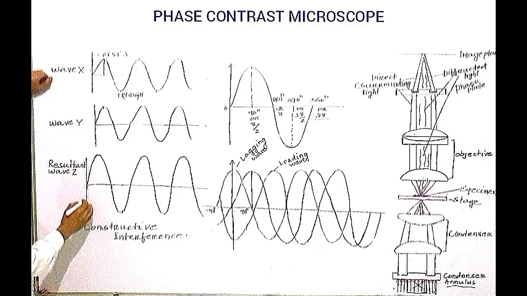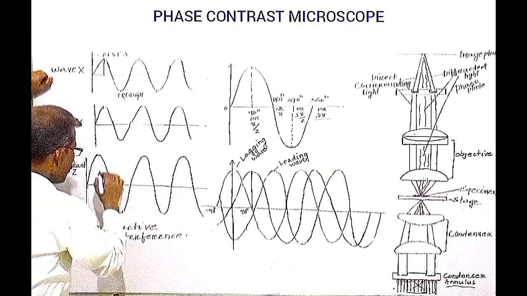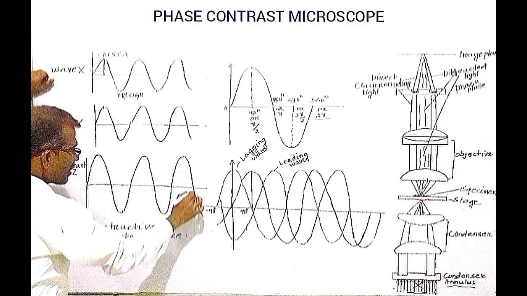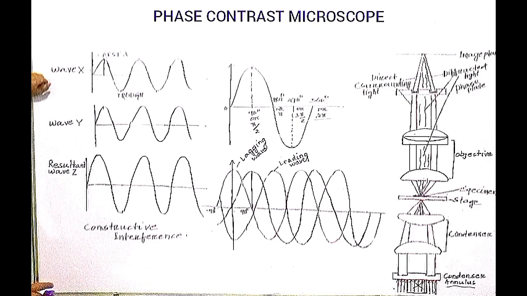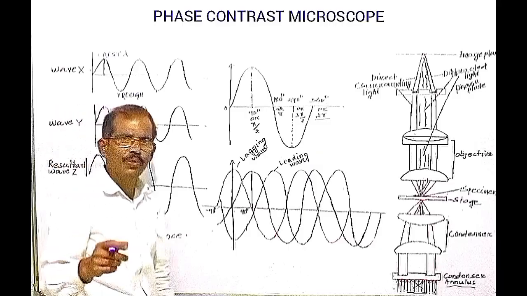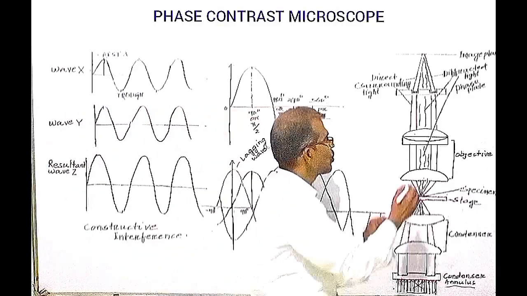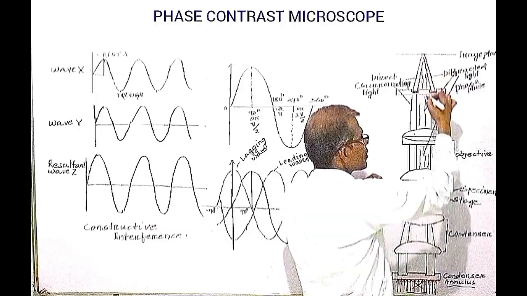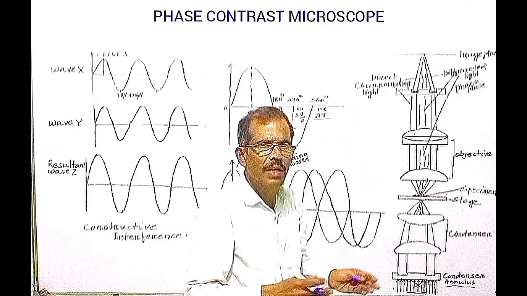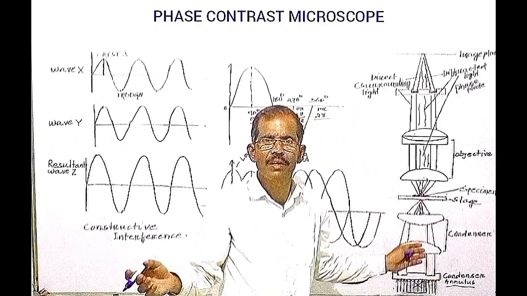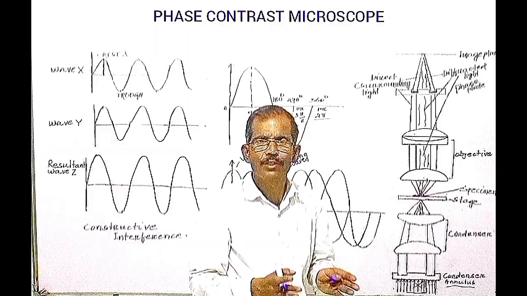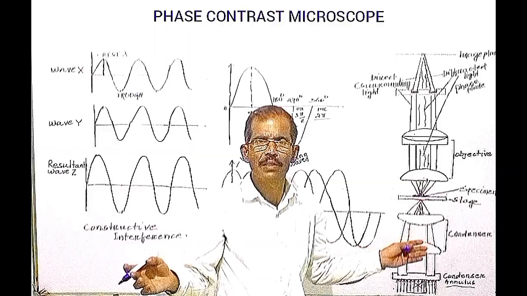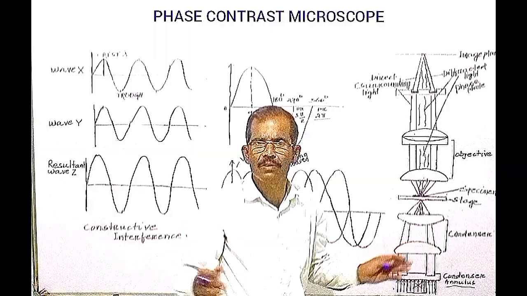As a result, the resultant wave which develops has a greater amplitude, which increases the brightness and intensity. So whenever constructive interference takes place between diffracted light and direct or surrounding light, negative phase contrast develops. As a result, the specimen appears bright on a darker background.